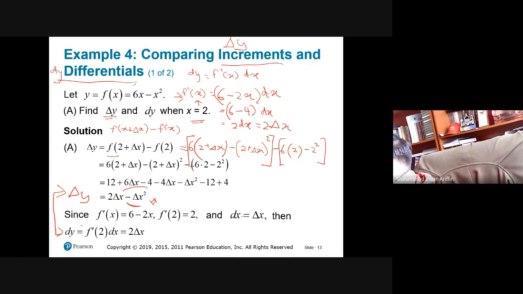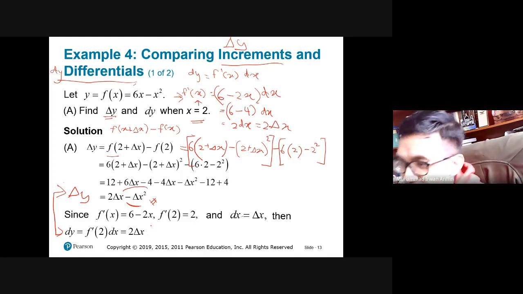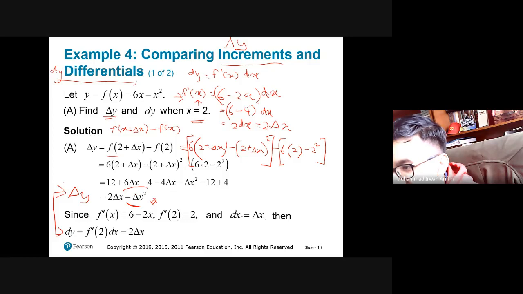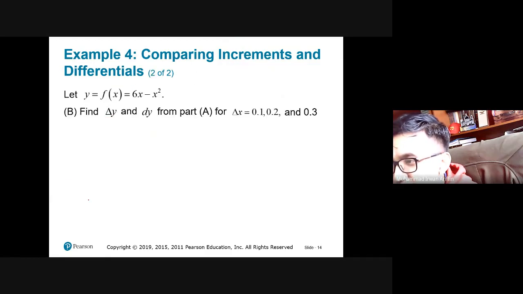When we approximate it with the differential dy, the term minus delta x squared is no longer there. This is why dy is a good approximation of delta y if delta x approaches 0. When delta x is very small, delta y and dy are not that different. More or less they will be the same.